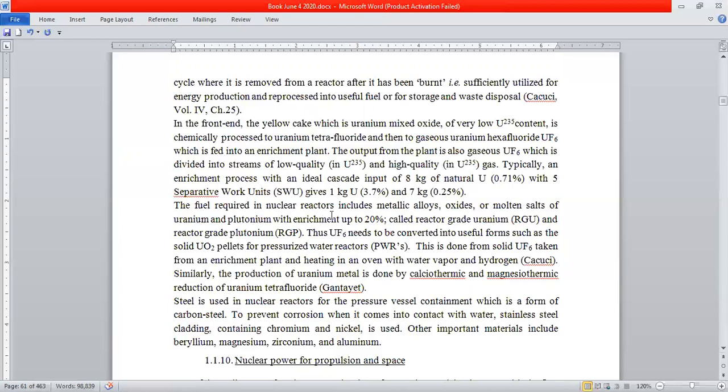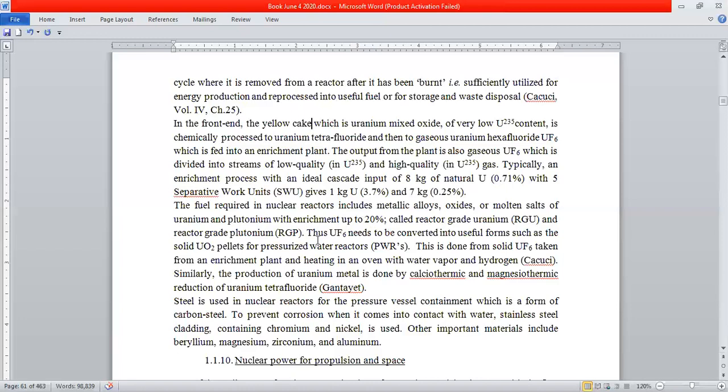Now, the fuel required in nuclear reactors, in the old days, it was metallic fuel, then oxides, then now you have nitrides. In the next generation, nitride fuels are being considered, and there's also promise of molten salts of uranium. And so when we talk of enriched fuel, then we say that anything up to 20% is what we call reactor grade uranium and reactor grade plutonium.